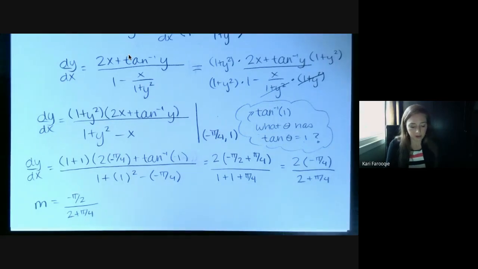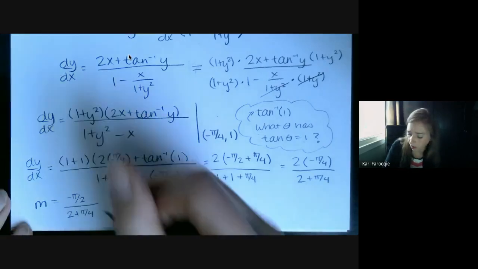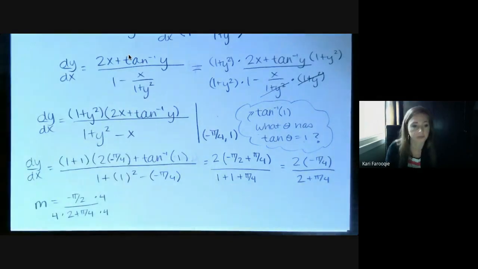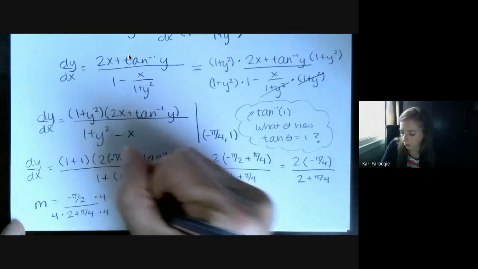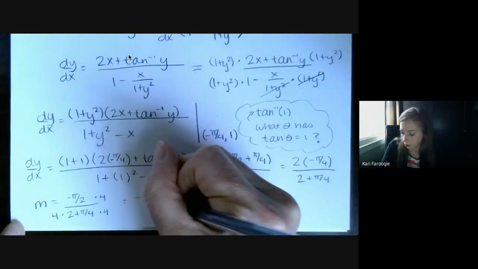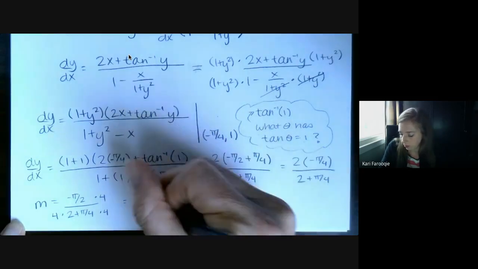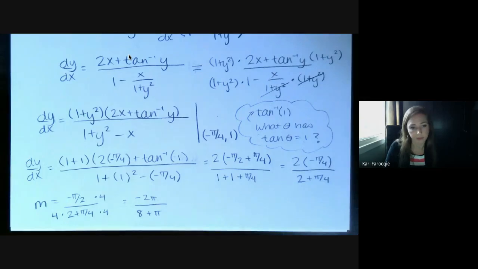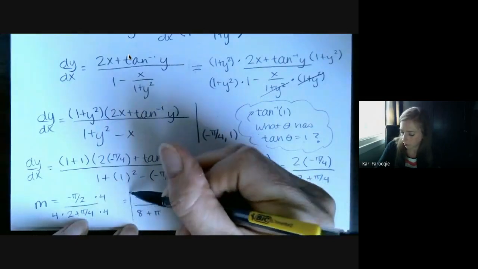It's up to you how simplified you feel this needs to be. You might want to simplify the complex fraction by multiplying each term by 4. If you do that, you get negative 2 pi divided by 8 plus pi. And there's your slope.